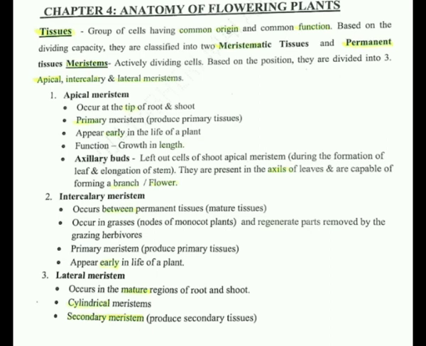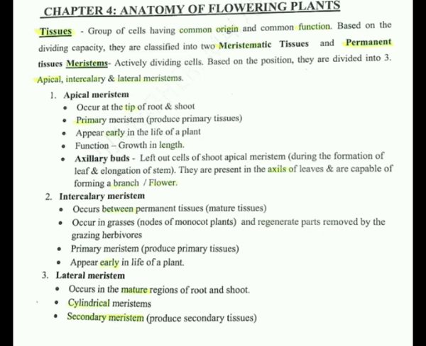Then we should keep in mind some important words. By these words, we can cover all the parts of this chapter. First one is about tissues, that is function and origin. Tissues are groups of cells having common origin and common function.